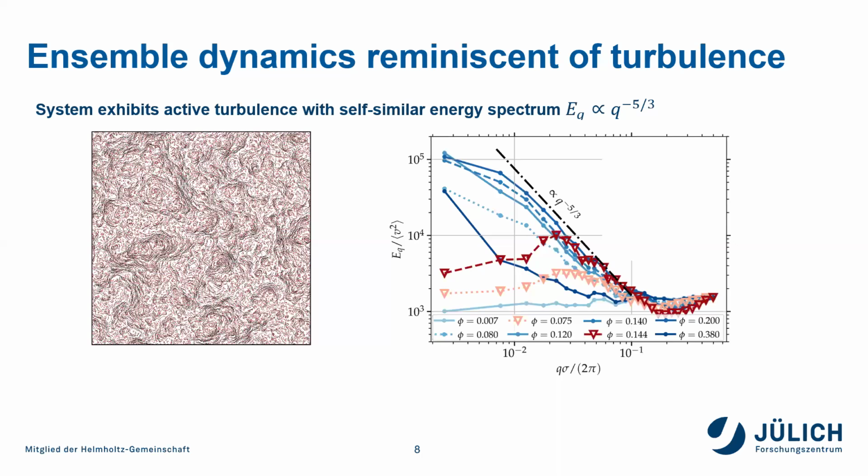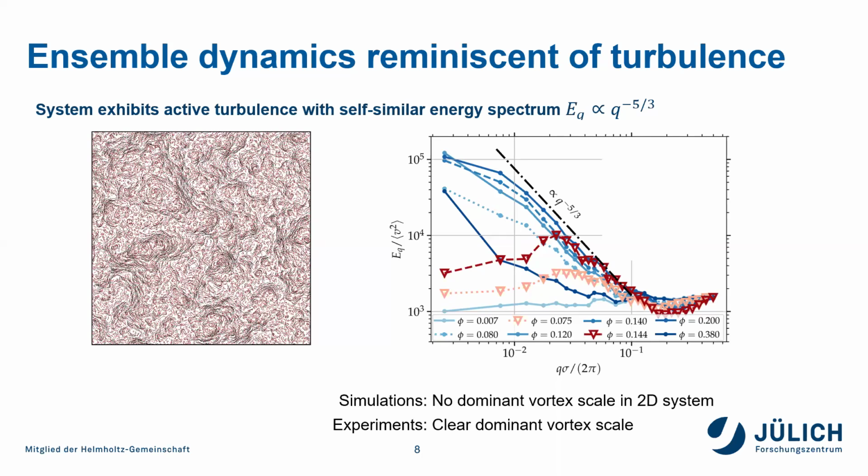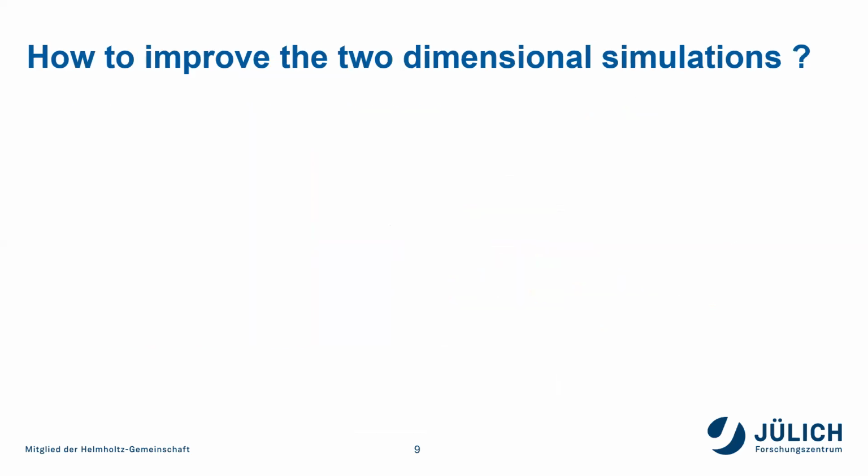If you look at the red, which is the experiments, you see the experiments follow the same trend, but the spectrum is clearly cut, because these large vortices are not forming. In the simulations, in principle, we can go all the way up, because the vortices become as large as the system size, while the experiments don't see this. So there is a dominant vortex scale, which is not given by the system size.